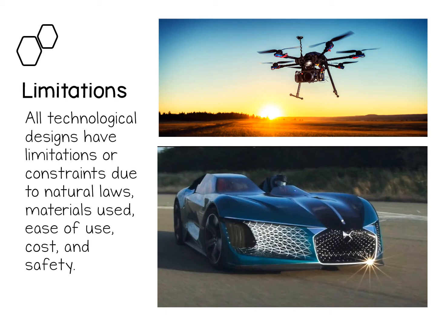But then there's also social design constraints, and these include factors such as how easy something is to use, the safety of it, the attractiveness of it, and then of course there's cost. Okay, so take for example, we have this DSX concept car here, and this is produced by a luxury French brand called DS.